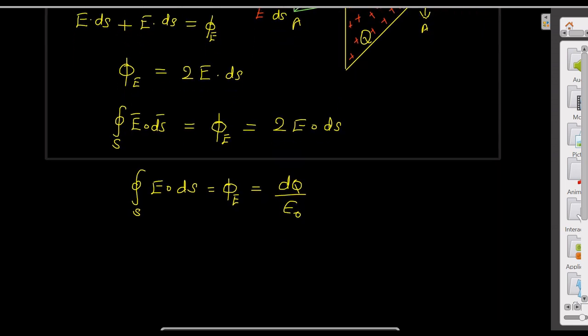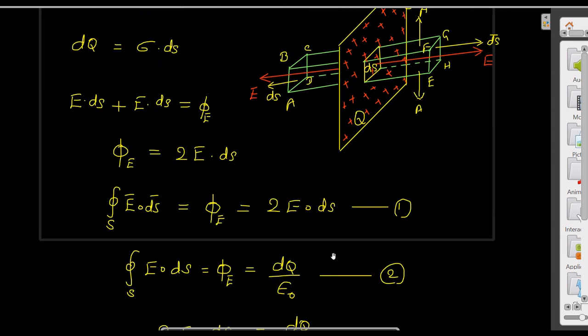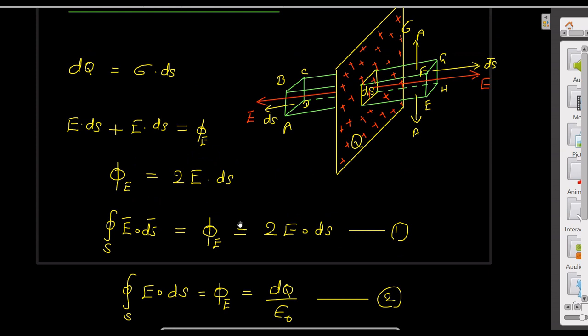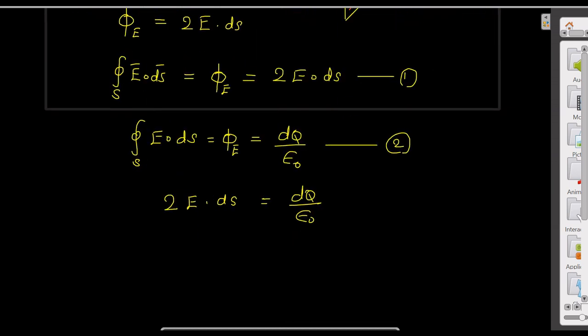So if we compare these two equations, I just write this as equation number 1 and this as equation number 2. Comparing these two equations, we can write 2 times E dot ds equal to dq divided by epsilon naught, and already we had written dq equal to sigma ds.